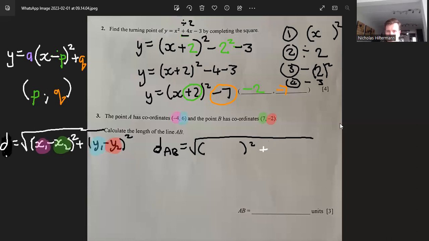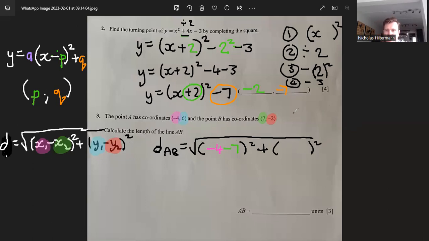Plus the other 2 squared. Okay, so what's my pink one? My pink one is minus 4. My green one is 7, but it's minus 7. So I'd say minus 7, that's in green.